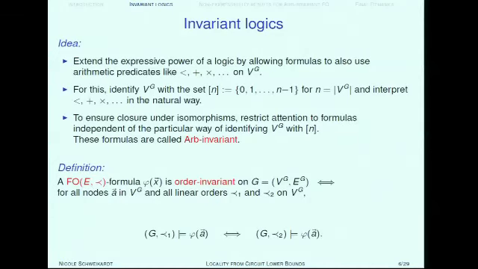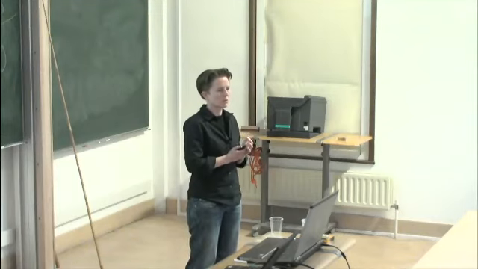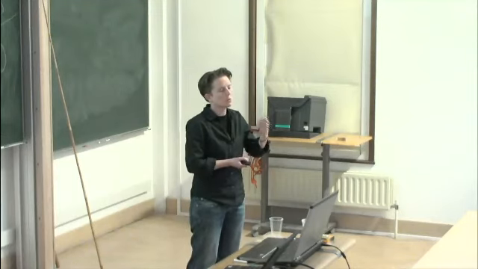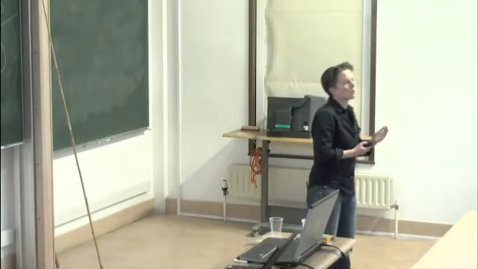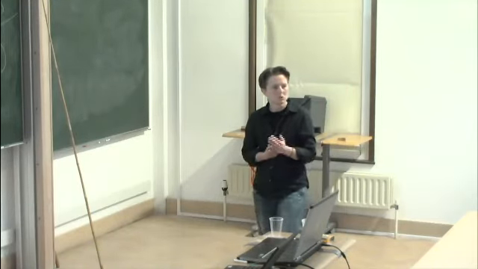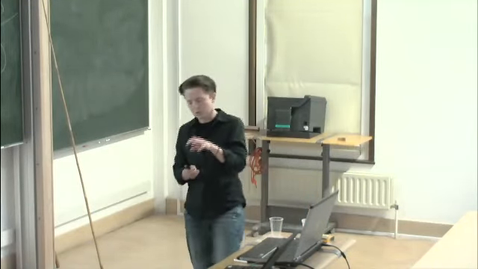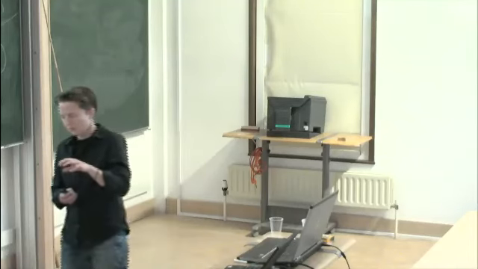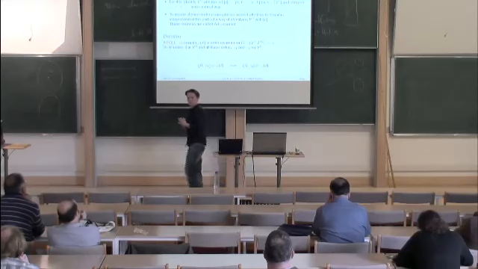But on the other hand, your database is stored on some disk, and this means the elements in the database are stored in some linear order. And why not give your query language the opportunity to use this linear order? And that's exactly what order invariant first order logic does. You can use this order, but the query must ensure that the query result doesn't depend on the particular linear order, which means it doesn't depend on the particular way the database is physically stored on your disk.